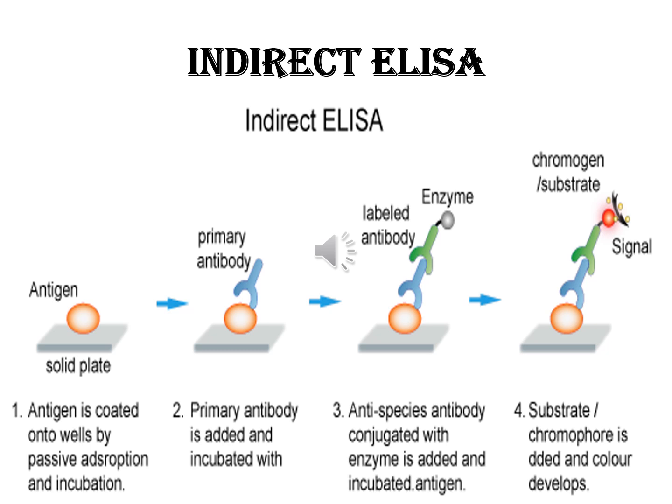The second one is indirect ELISA, where the antibody can be detected or quantitatively determined. Serum or some sample containing primary antibody is added to an antigen-coated microtiter well and allowed to react with the antigen attached to the well. After any free antibody is washed away, the presence of antibody bound to the antigen is detected by adding an enzyme-conjugated secondary anti-isotype antibody, which binds to the primary antibody.